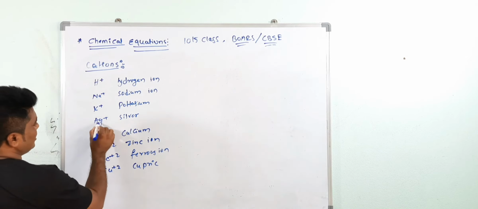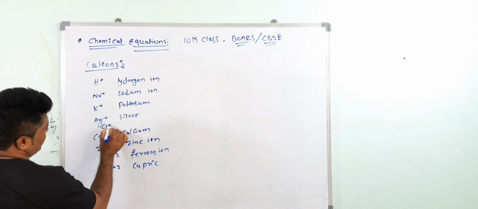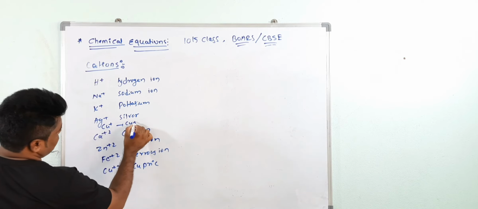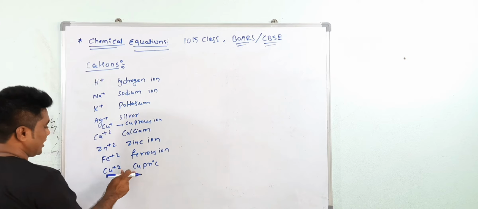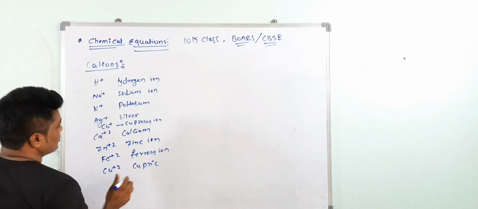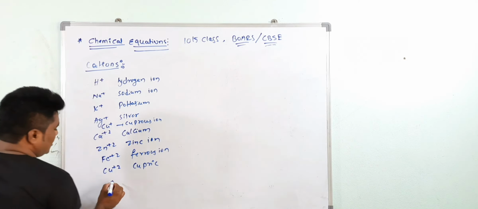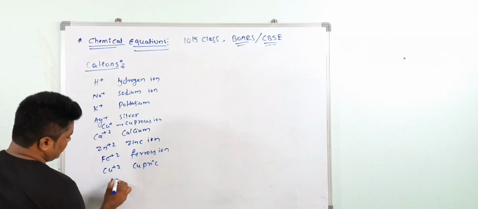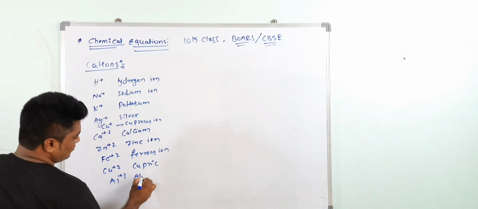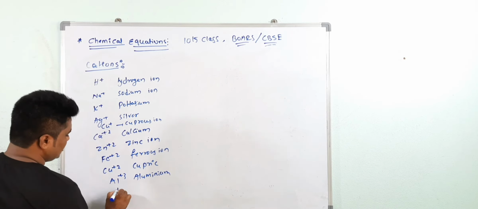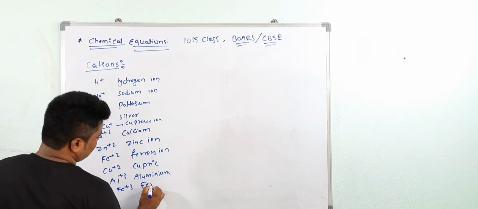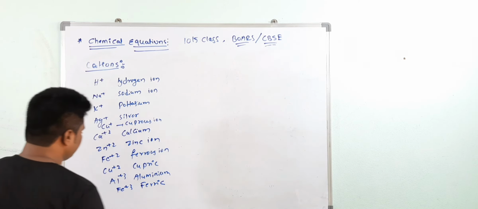And one more, after silver you can write Cu+. This is cuprous ion, and Cu2+ is cupric ion. Now Al3+ is aluminium, trivalent, and Fe3+ is ferric ion.